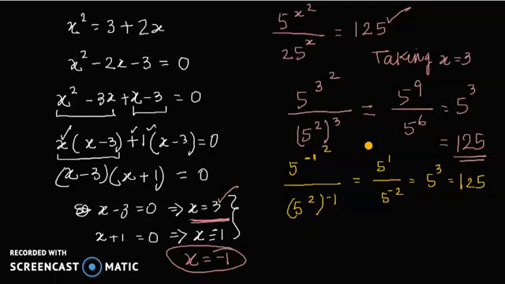So -1 square is 1. So I have written 1 here. And 25 is 5 square, and 5 square raised to -1 gives you -2. So 5 raised to power 1 divided by 5 raised to power -2, which is 5 raised to power 3, which is 125. So both the answers are correct. That has been checked.